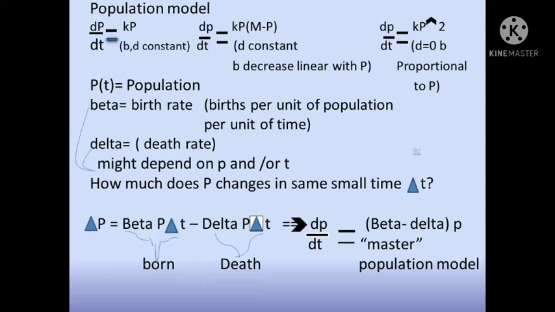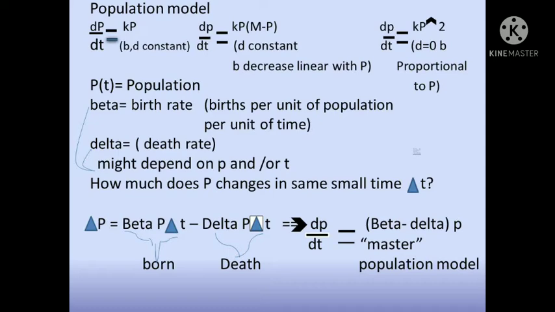And by the definition of birth rate and death rate, beta and delta, the number of units of population born is beta times P times delta t, and the number who die is delta times P times delta t. And delta P is the difference of those two quantities.